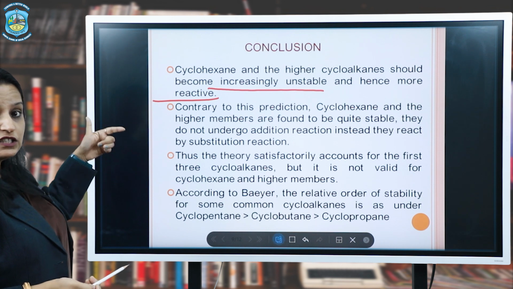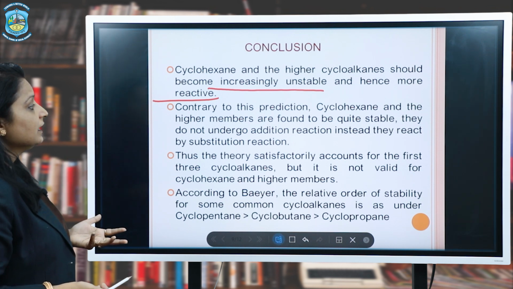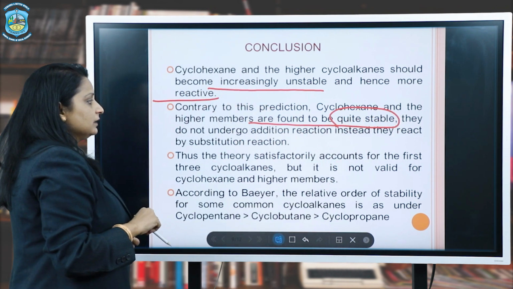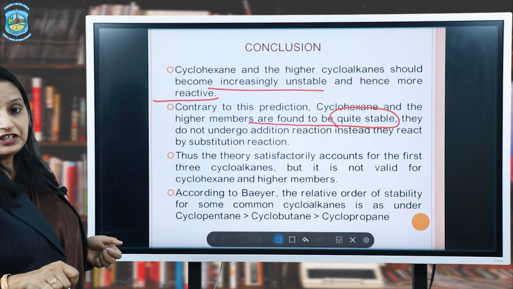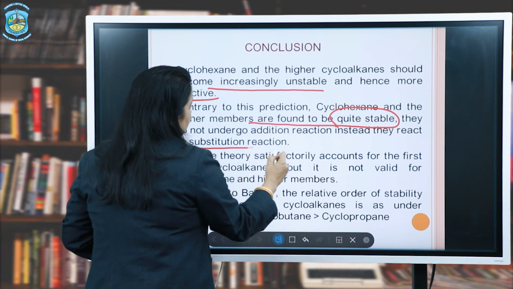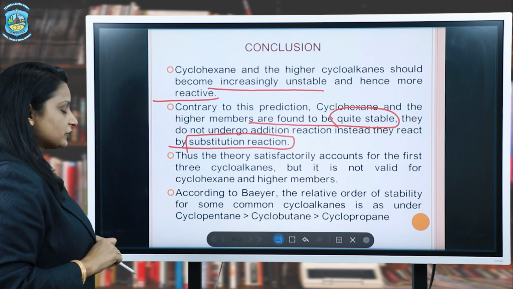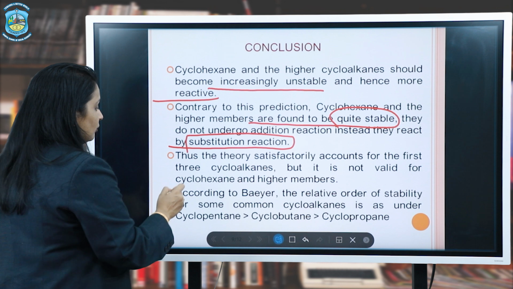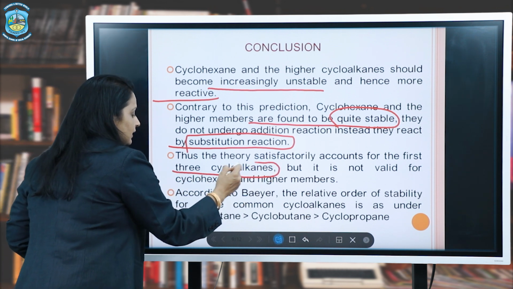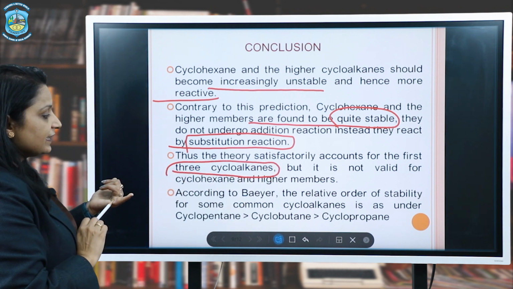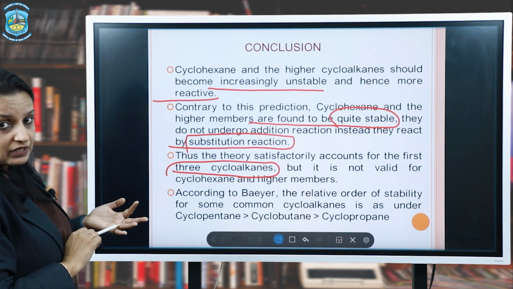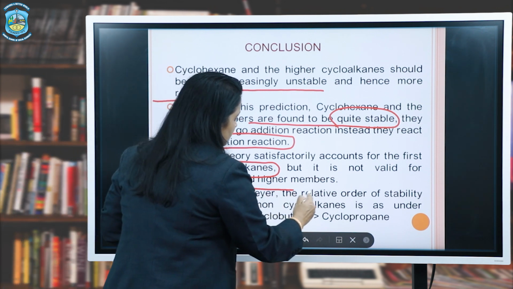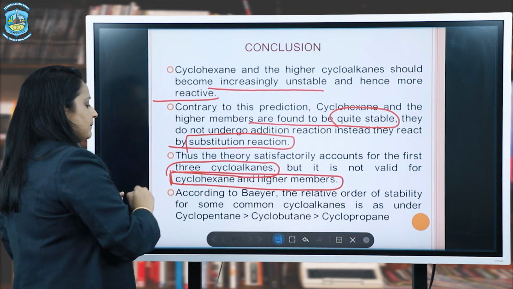But instead of this, what we observe is that they are comparatively more stable, and instead of undergoing addition reactions, they basically undergo substitution reactions. Thus, this theory satisfactorily explained only 3 cycloalkanes, that is cyclopropane, cyclobutane and cyclopentane, but it is not valid for cyclohexane and higher member rings.